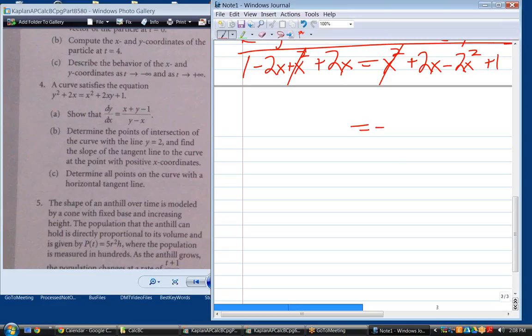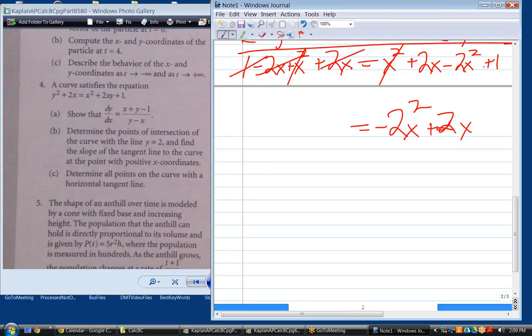So we have minus 2x squared, and then we have a minus 2x and a plus 2x, but we still have this 2x over here. And we have a 1 and a 1, so we have all that equal to 0.